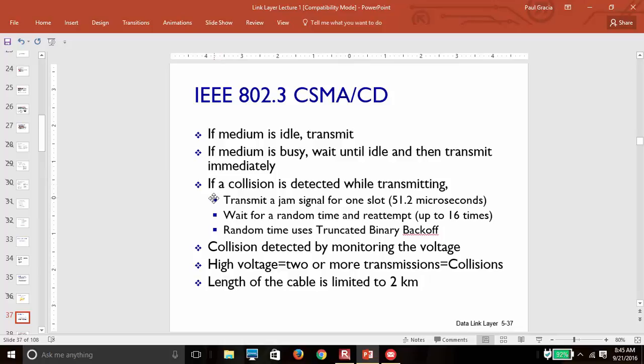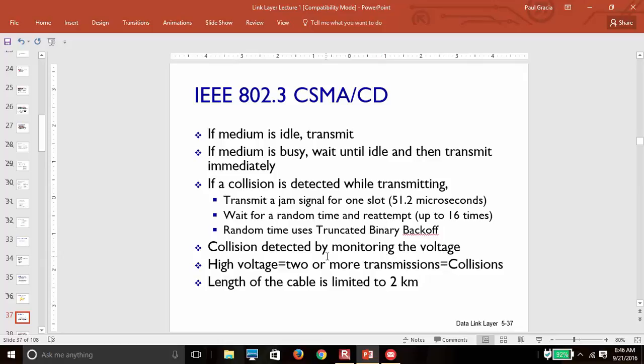The purpose of this is to let everybody know that there was a collision. Then you wait for a random time, up to 16 times, and the random time uses what's called truncated binary backoff. We're going to get to that in a little bit.